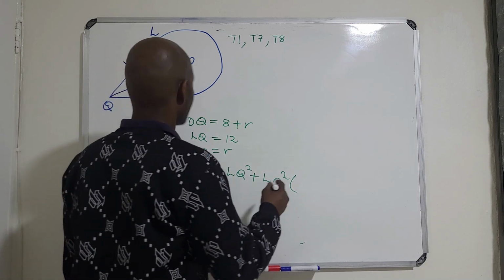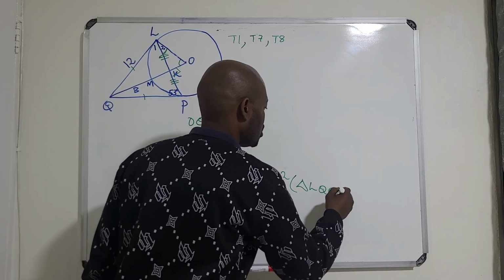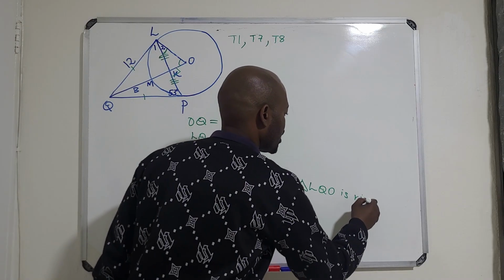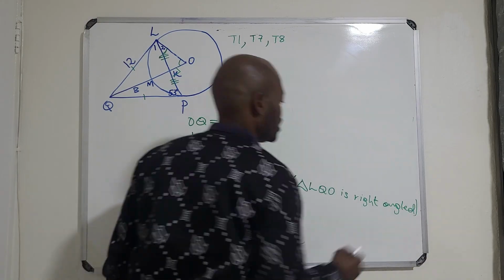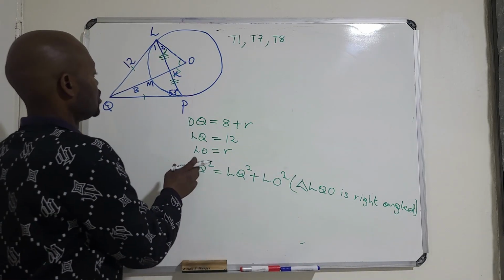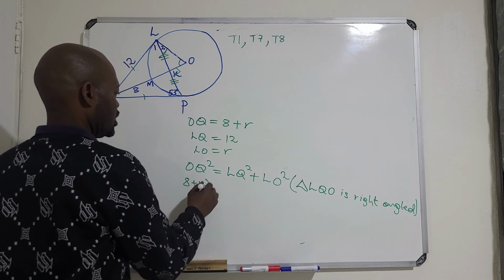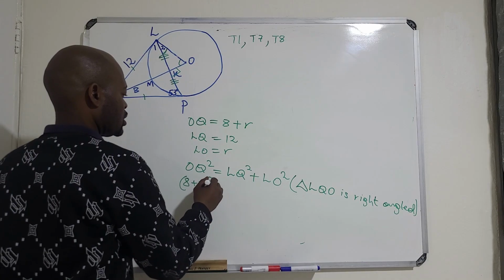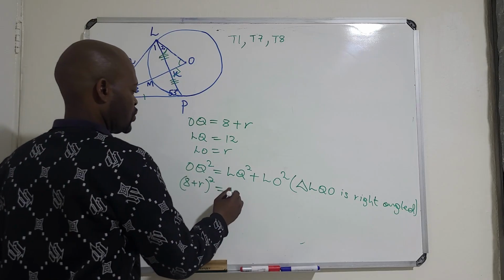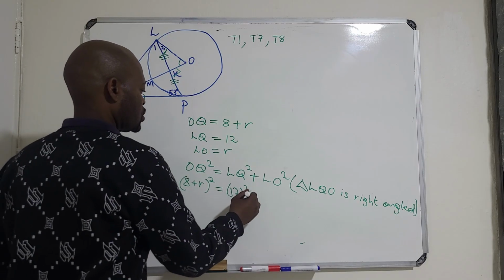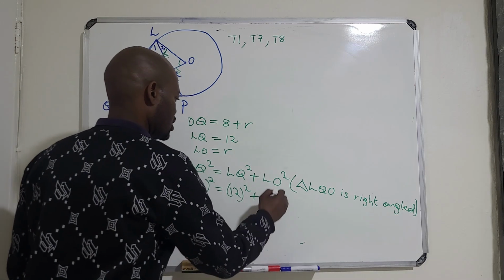Why are we saying this? The reason is that triangle LQO is right-angled. Now, what is OQ? It's 8 plus R, all squared, which equals LQ, which is 12, all squared, plus LO, which is R squared.